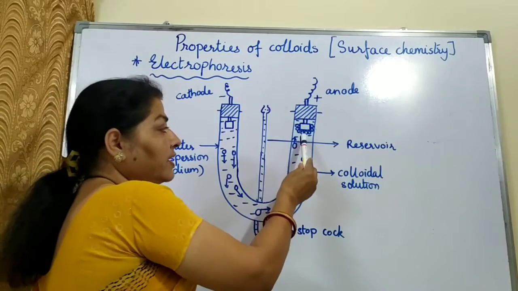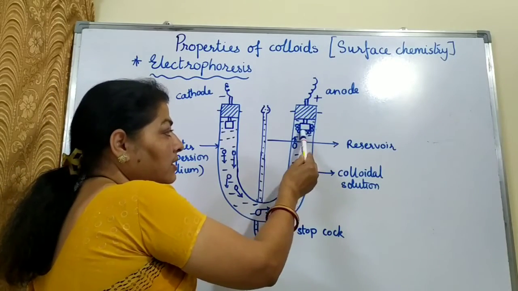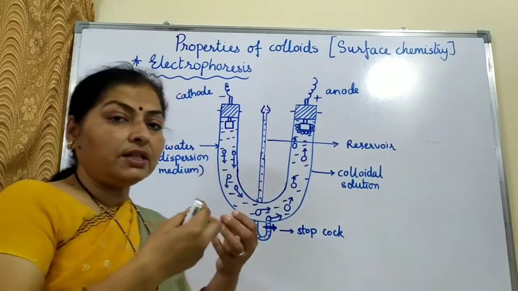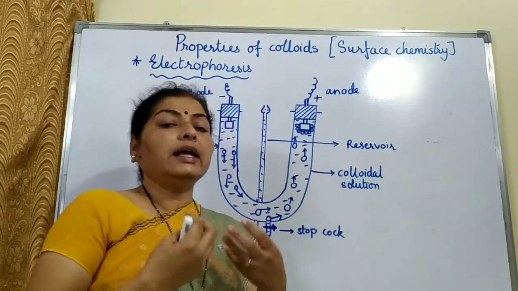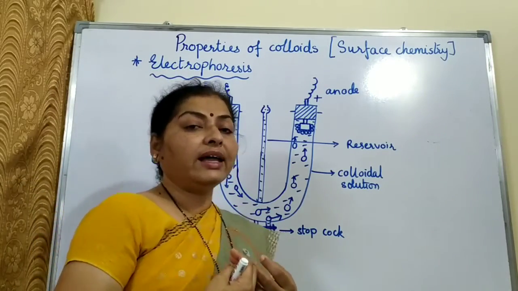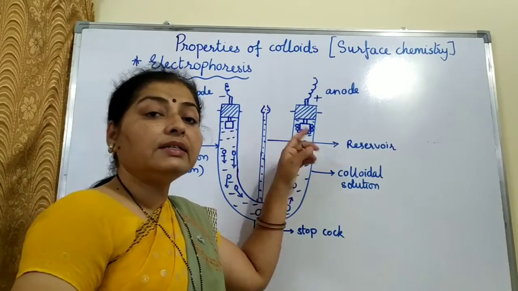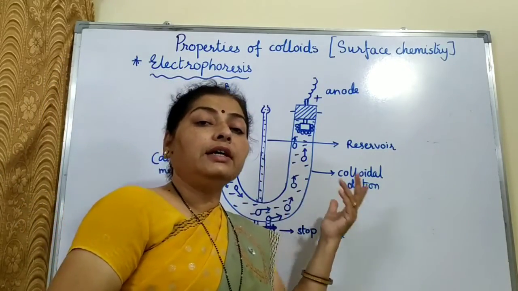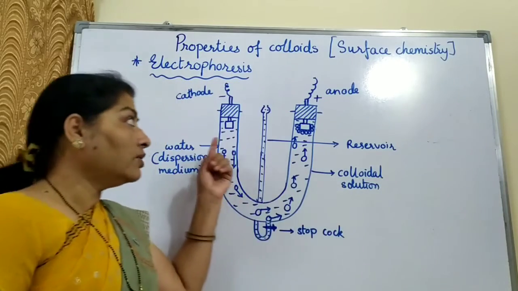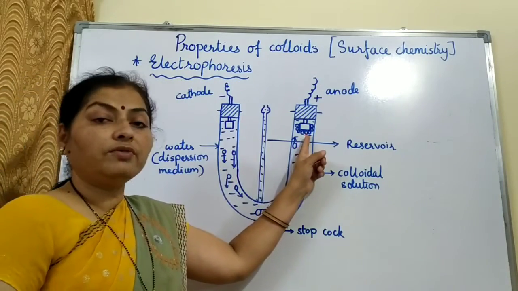And as the charge gets destroyed, you can see here that the particles stick to each other, they come close to each other, and they will precipitate or coagulate. So this is what happens if electrophoresis is prolonged. If it is continued for a longer period of time, it can cause the precipitation of the colloid.